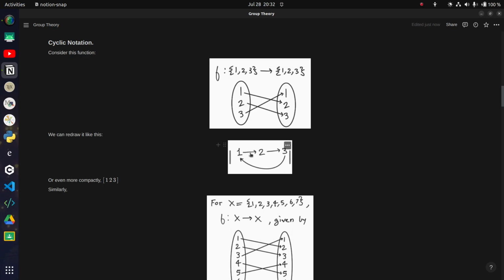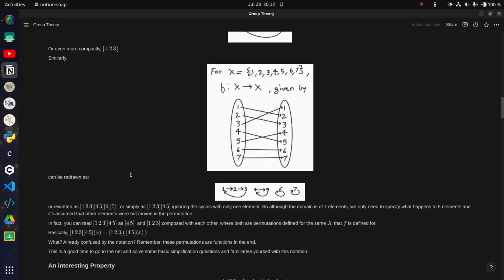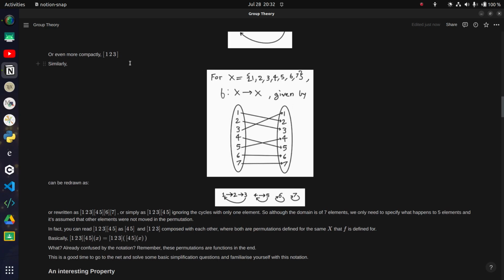Or if you want to write it, you can write it as square brackets 1 2 3, square brackets closing. People use parentheses, I know, but in my notes you will only see square brackets, because that's what I like, and these are my notes.